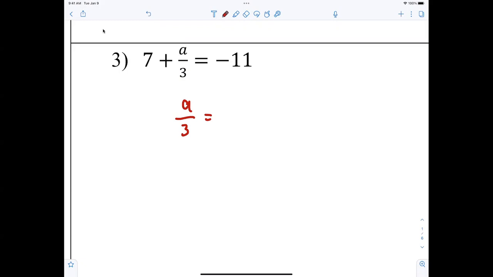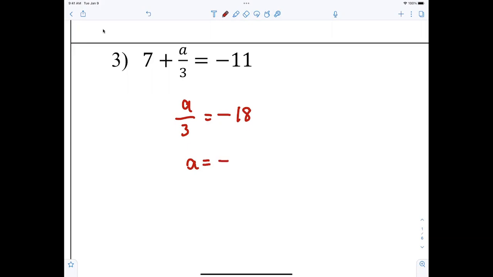Nope. -18. All right, they're both negative, so you add. Put your hand down, people. Now, how do I get rid of dividing by 3? So A equals. Is the answer going to be positive or negative? Let him answer. Negative.